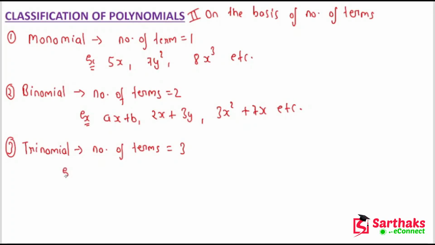For example, 3x square plus 3y plus 8x. Again, this contains 3 terms. Again, you can have 5x square plus 7x plus 9. So in this way you can write a trinomial.